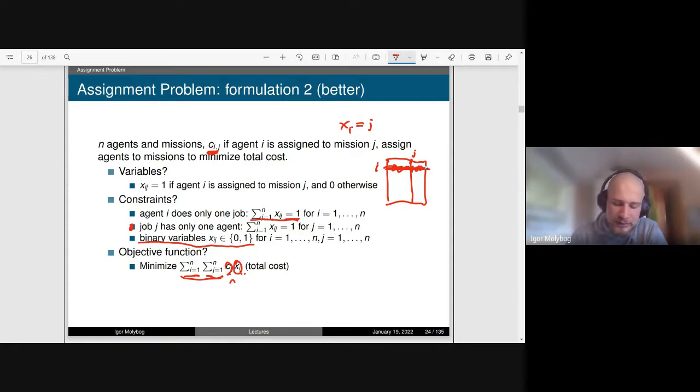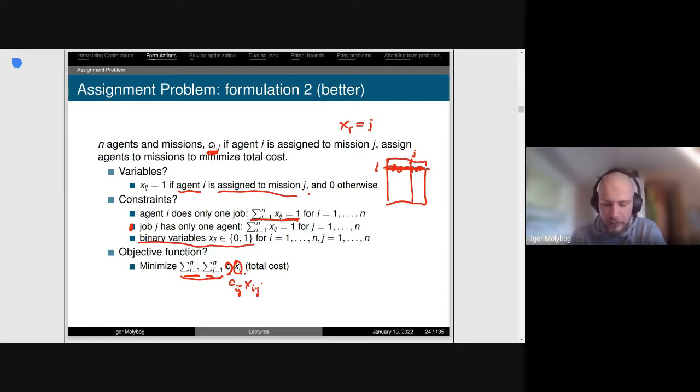The cost Cij is going to be included in the total cost if and only if Xij is equal to 1, which happens only when we actually take an agent and assign it to mission j. So it looks like we have accounted for all of the necessary constraints, and we have written down the correct objective function.